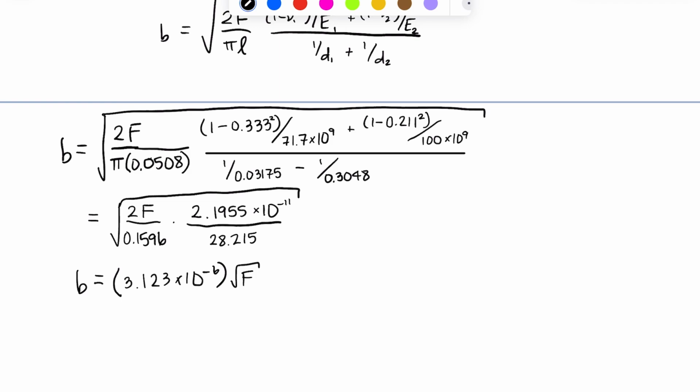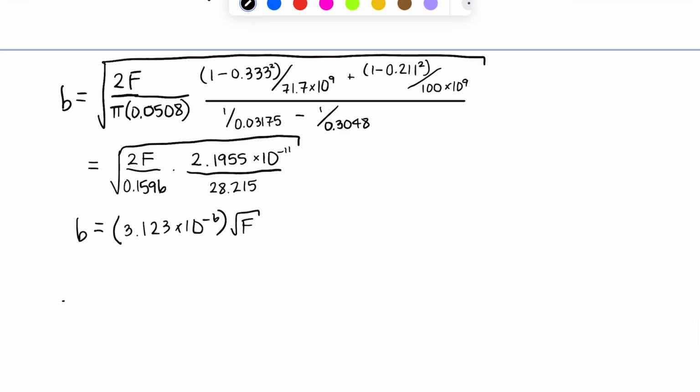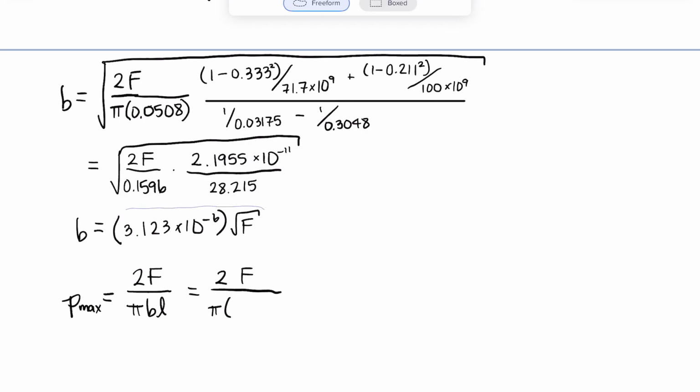Okay, so now let's keep on going. We need to find the maximum contact pressure. And that equation was 2 times F divided by pi times B times the length. So 2 times F divided by pi times B, which again is, we're just going to plug in what we just found for B. So I'm just going to copy and paste that the lazy way.